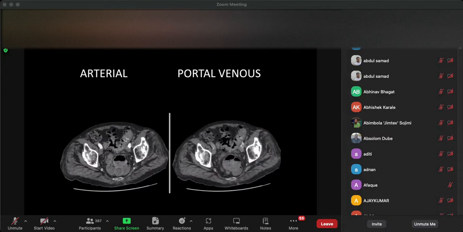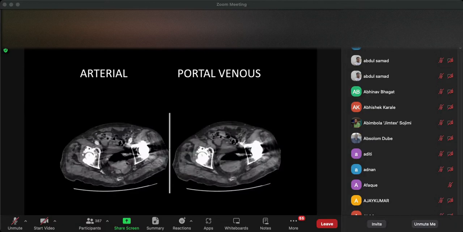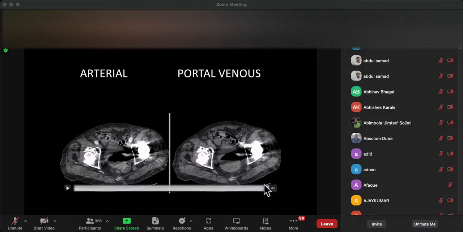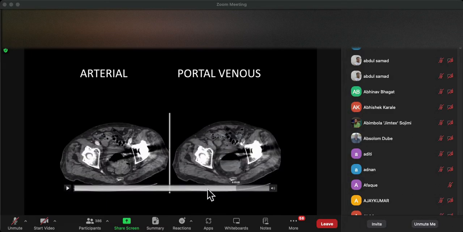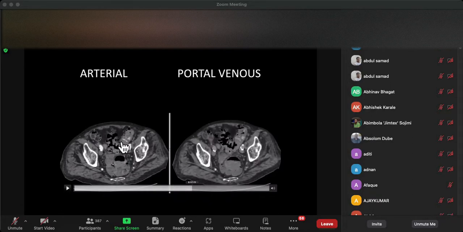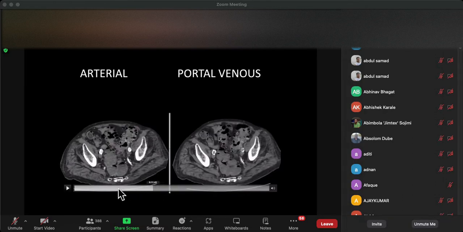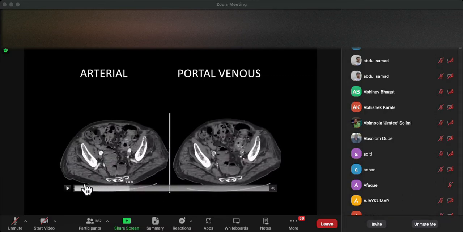So it doesn't always follow that the arterial and the portal venous phase are necessarily of the same attenuation. It could be the other way around. Okay, so this is a sigmoid bleed from diverticular disease. You can see the diverticular disease here, and there's obviously an arterial bleed because this is seen more prominently on the arterial phase.